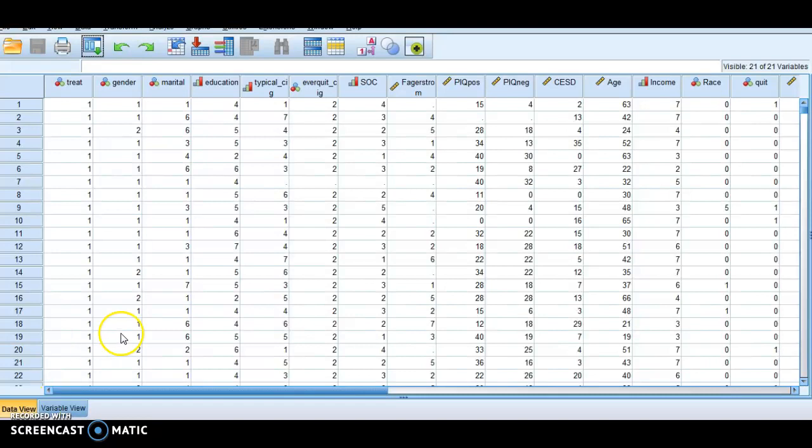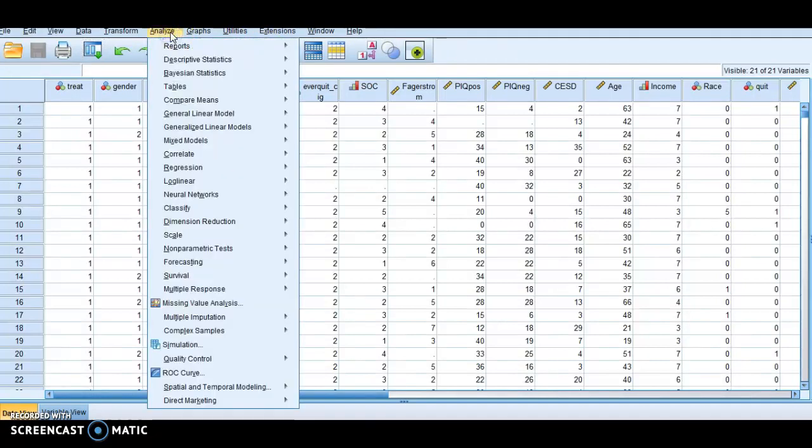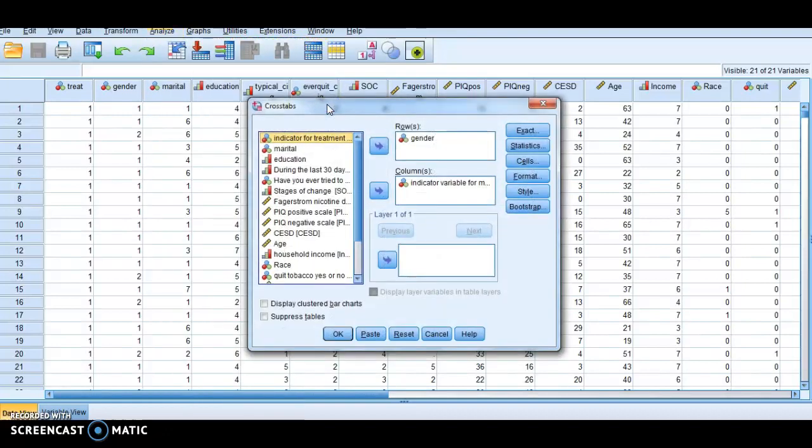So if I want to do that, as you look at the screen, I have the SPSS data window already open. And for this, I'm going to look at Analyze, and then the chi-square is under the Descriptive Statistics option. And I want to look at crosstabs.